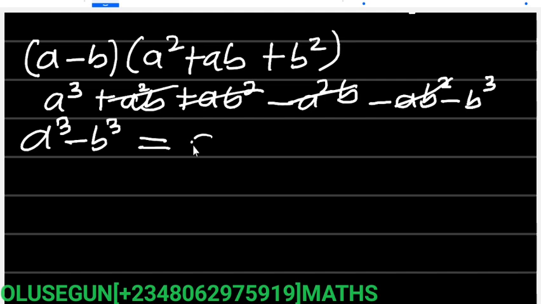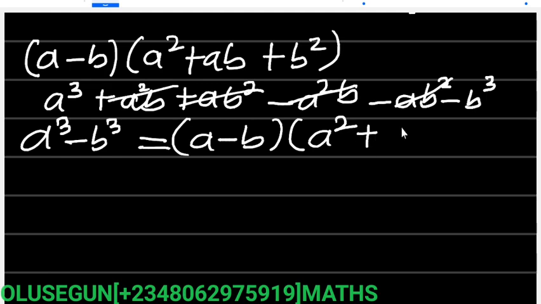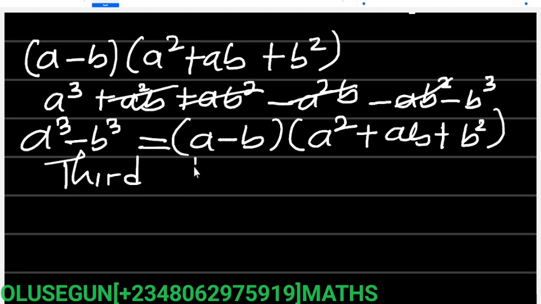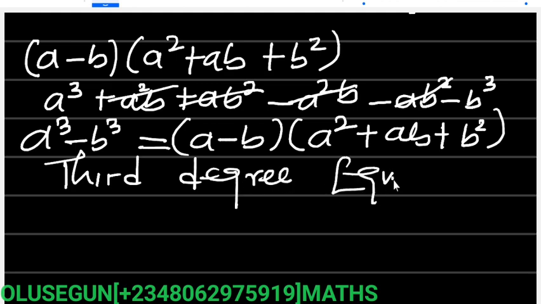It will be the same thing as a minus b multiplied by a squared plus ab plus b squared. So we call this the proof of third degree equation. So this is how we prove third degree equation.